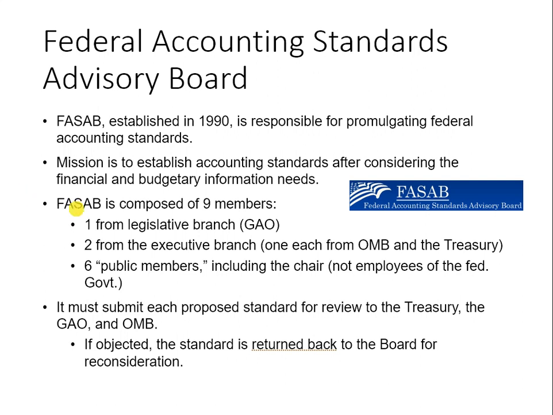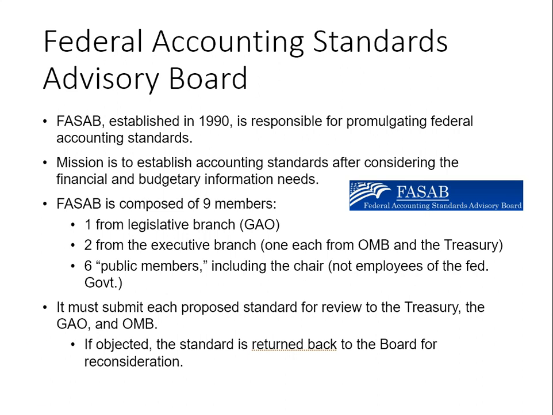Right. The board is composed of 9 members. So 1 from the GAO, right? 2 from the executive branch. 1 is from OMB and the other from the Treasury. And there are 6 public members, and the chair will be a public member.